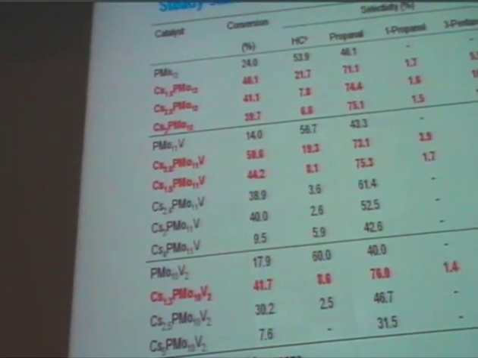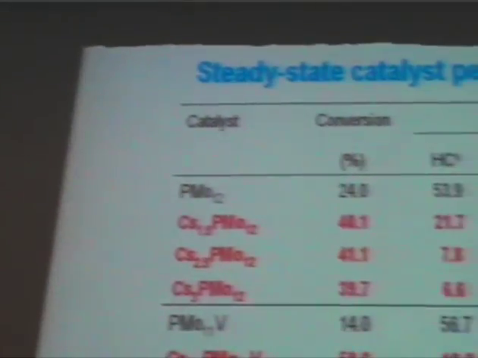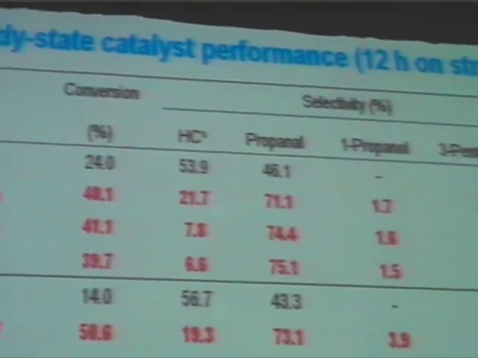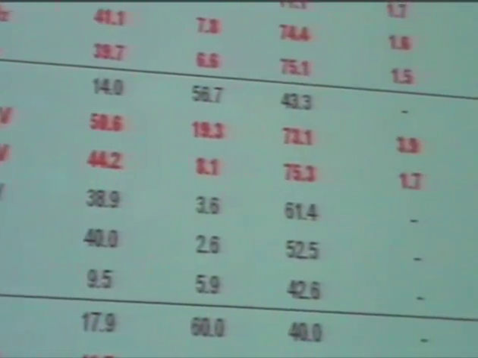And this is a summary of steady-state catalyst performance after 12 hours downstream. Test results for aldehyde formation are shown in bold red.